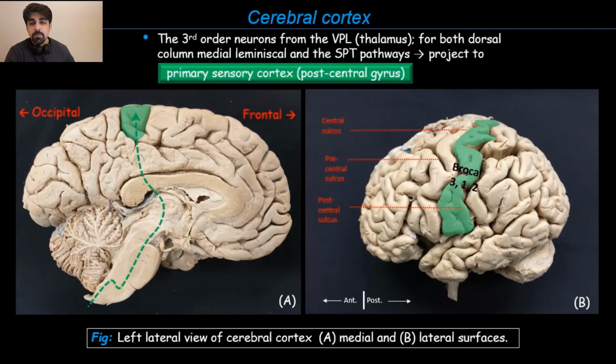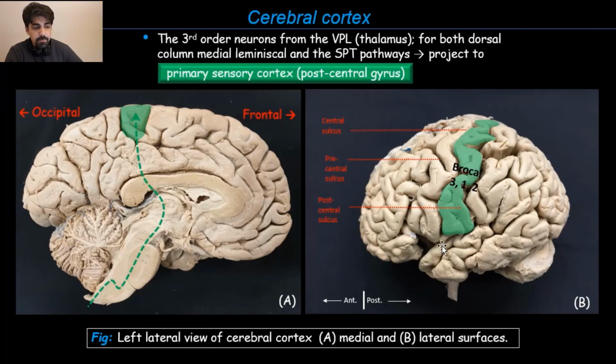So it doesn't matter if you're talking about the dorsal column pathway taking vibration, proprioception, and two-point discrimination information from the lower part of the body, or the spinothalamic pathway bringing in the information of pain and temperature. All the sensory information is going to be relayed inside the VPL nucleus of the thalamus, and from there the third order neurons then project onto the cerebral cortex in the primary sensory area.